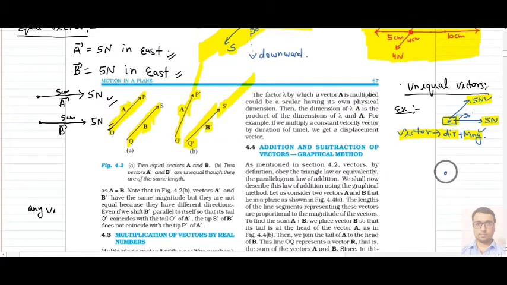And moreover you can represent them in this way also. Suppose this is 5 centimeter. Keep in mind that we have already considered that 1 centimeter represents 1 Newton.